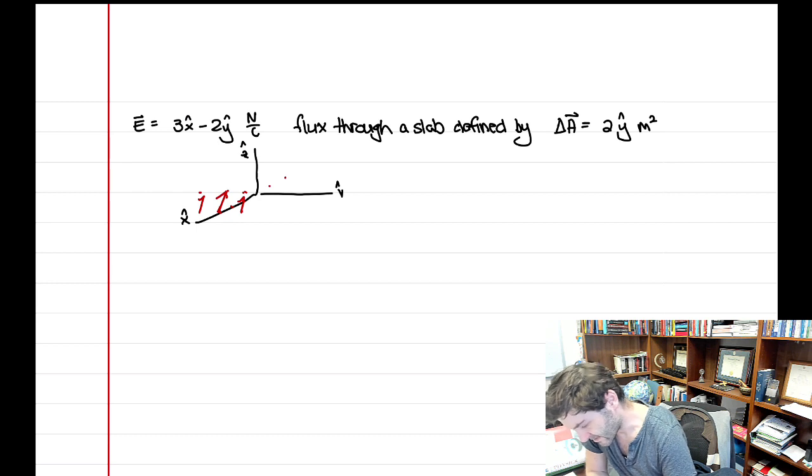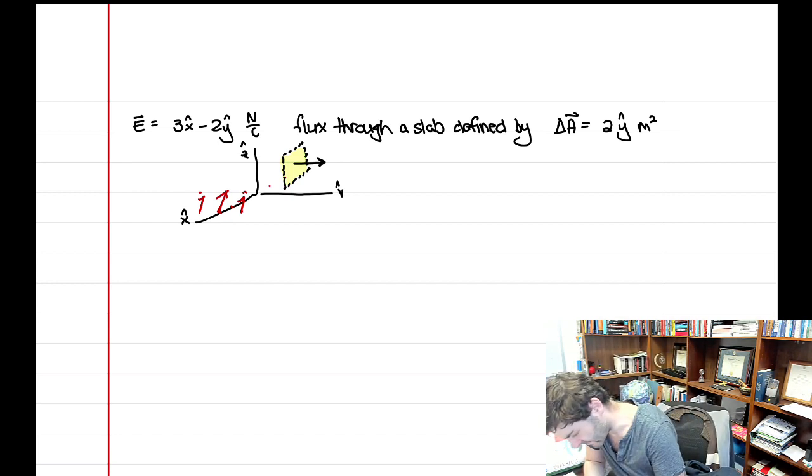And then there's the slab, which is defined by 2y, so there could be a slab that's out here, and 2y, so it's pointing in the positive y direction. And the area, if I were to calculate it, is equal to 2 meters squared.